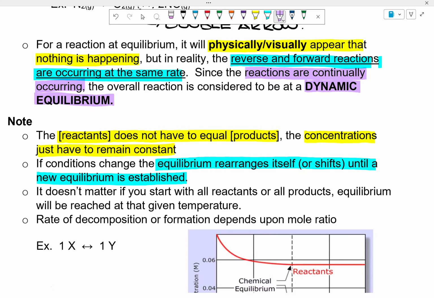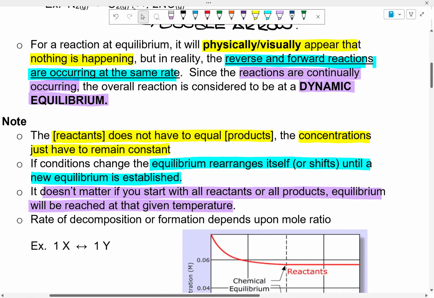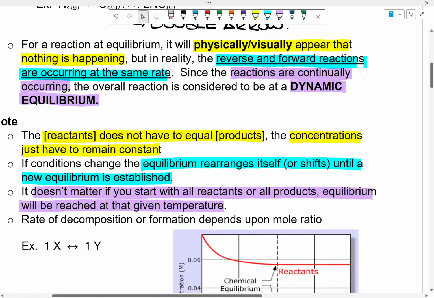Now, it doesn't matter if you start with all reactants or all products, equilibrium will be reached at a given temperature.